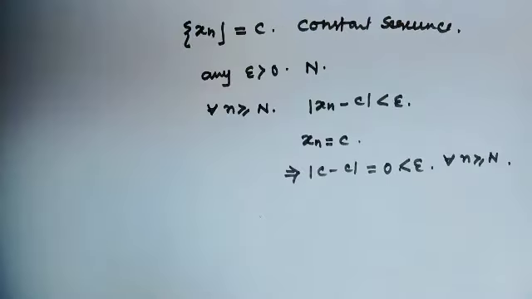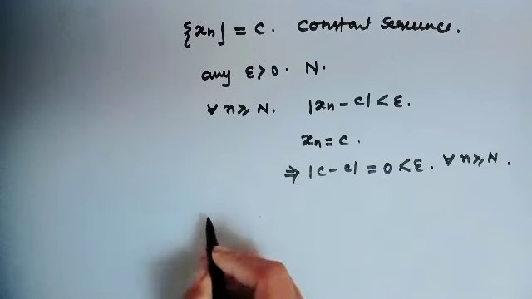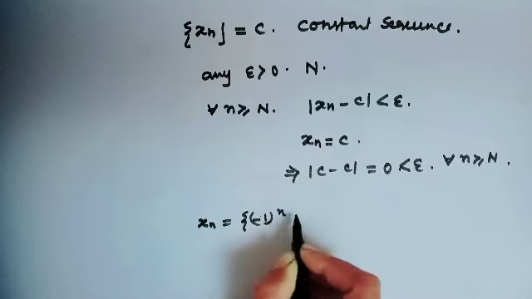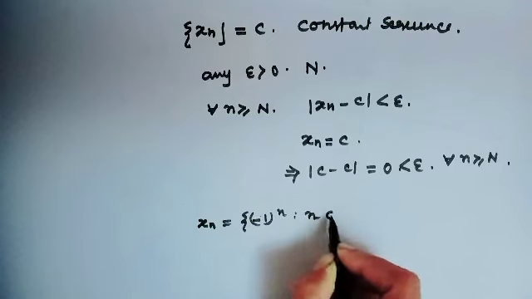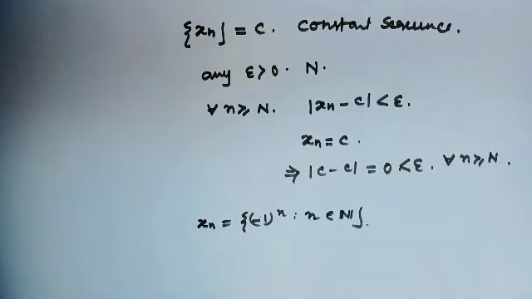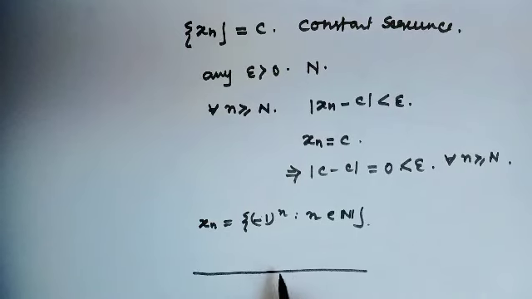Well, now I want to look back at the convergence of the sequence xn equal to minus 1 to the power n, such that n belongs to natural numbers. Let's draw a picture. Here 0, here plus 1, here minus 1. What is the definition of the limit of a sequence?